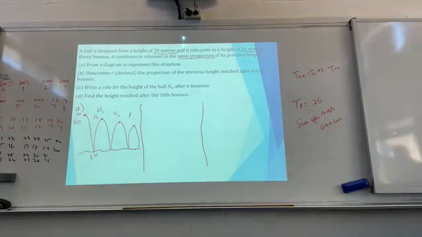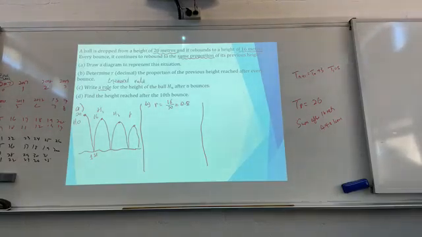Determine R as a decimal, the proportion of the previous height reached after each bounce. So part B, R equals 16 divided by 20, which is 0.8, in decimal. Write the rule for the height of the ball, Hn, after n bounces. Now, a rule means a general rule.